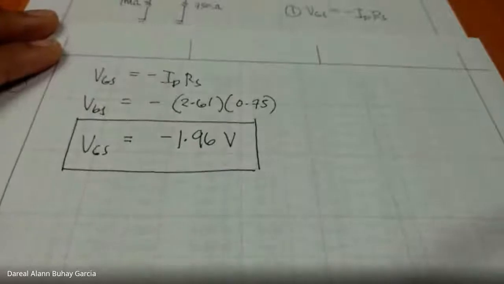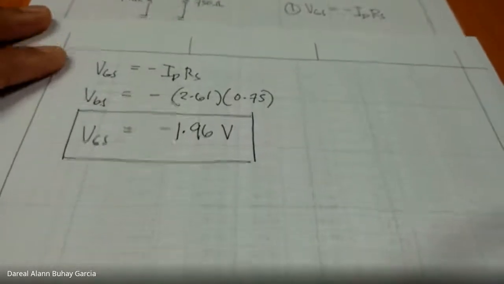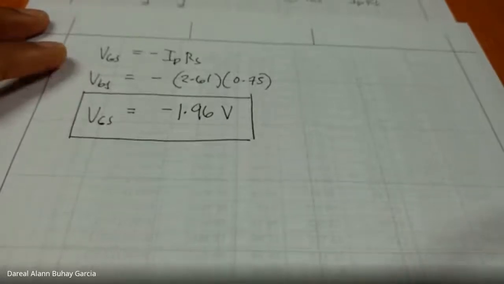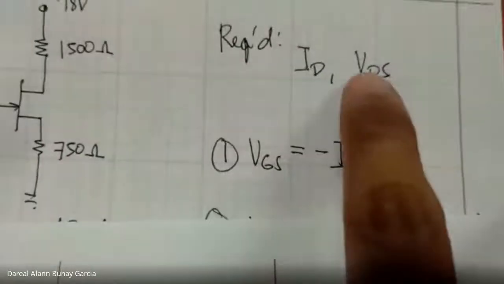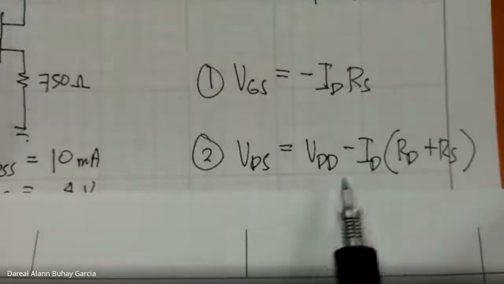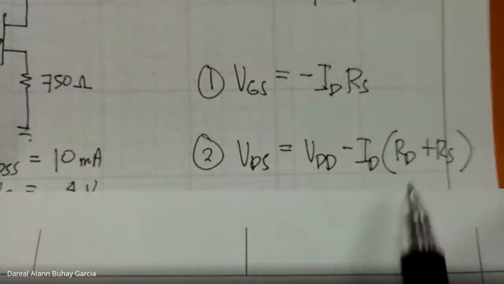Okay. Ano ba ni? Find VDS pod. VDS is VDD minus ID times RD plus RS.